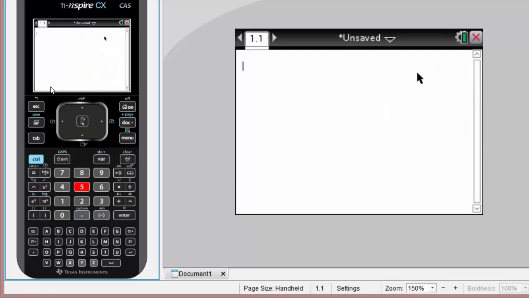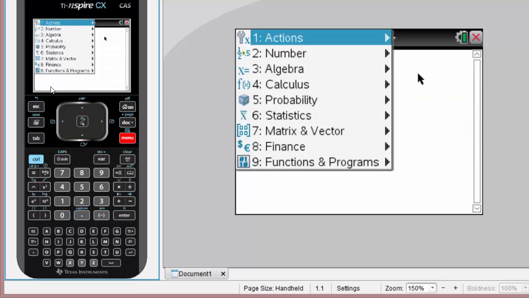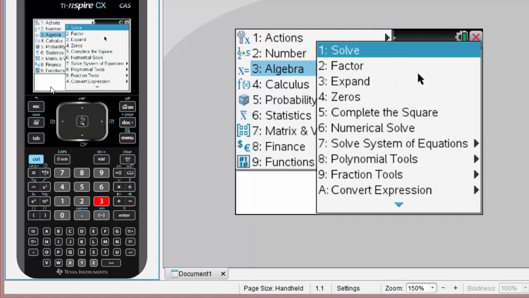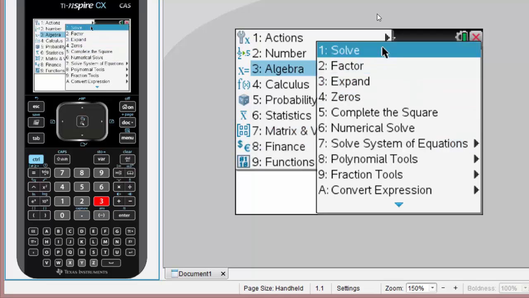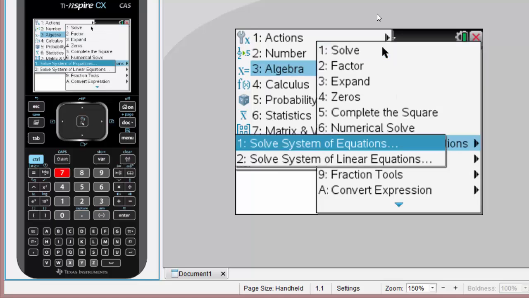Okay. So this is algebra, so menu, algebra. And now we do want to solve, but we want to solve a system of equations. You can see that here at number 7. And when you choose number 7, you have a choice, a system of equations or a system of linear equations. So we actually have a system of linear equations. So let's choose that one.